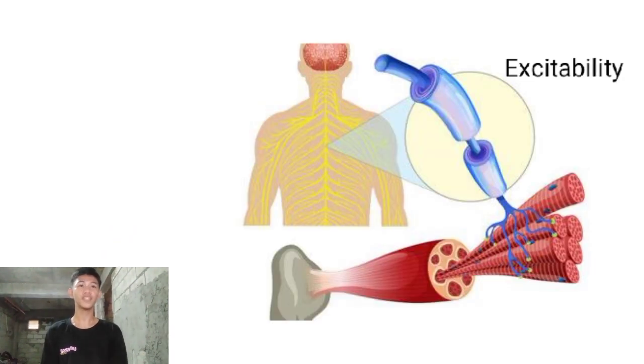Excitability. For the muscle to contract and do work, its cells must be stimulated, most often by the nerves supplying them. Nervous impulses cause the release of the neurotransmitter acetylcholine, which activates receptors on the surface of the muscle cells.